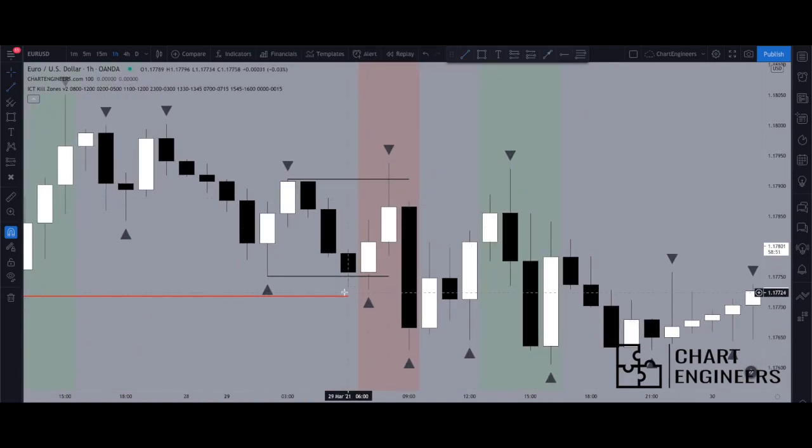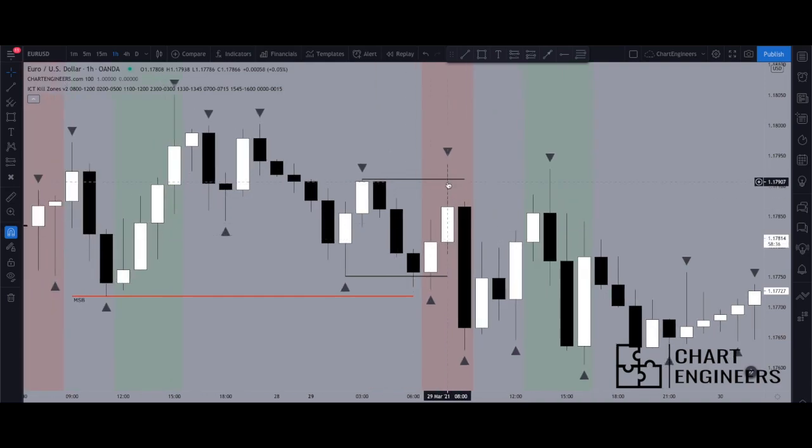So here at 6 AM we got a H1 raid. So at 7 AM I could be looking to take longs because of the H1 raid, and then once we get another H1 raid here I can switch my bias, because then we'll eventually get a structure break to the downside on the H4 and the H1.